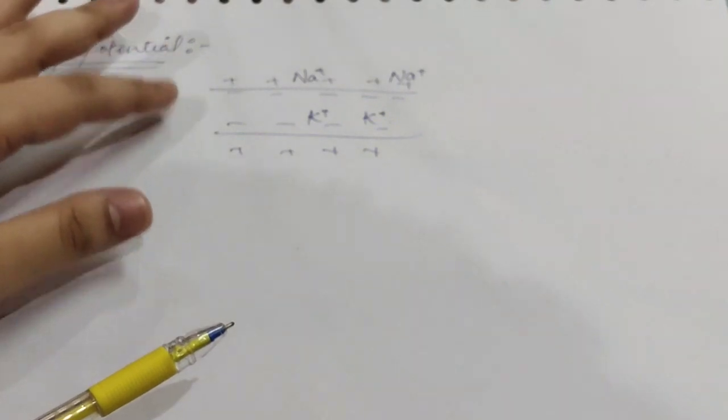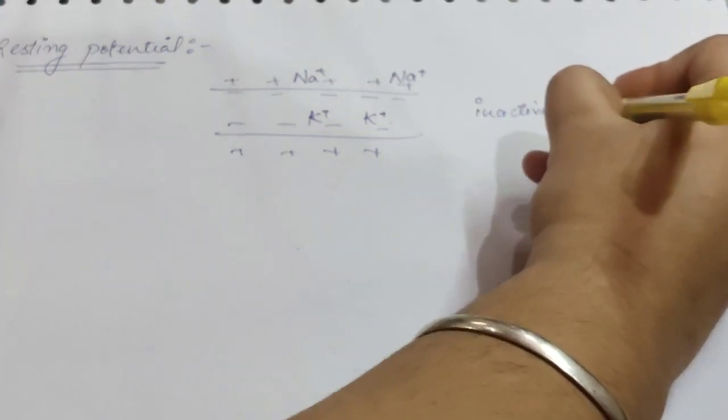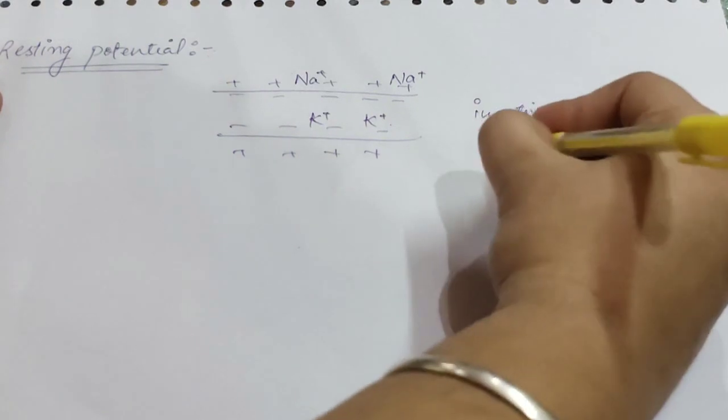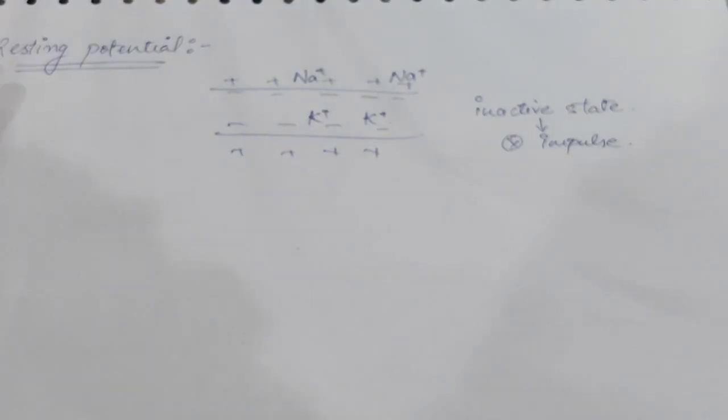At this stage, the plasma membrane is in the inactive state. That means the plasma membrane does not conduct any impulse; no impulse is generated through the plasma membrane.